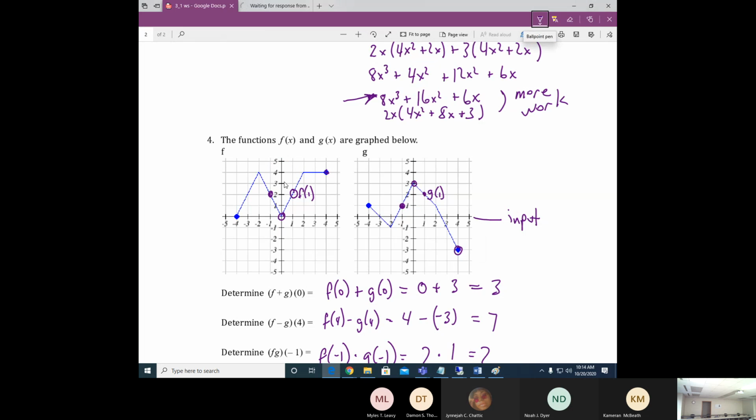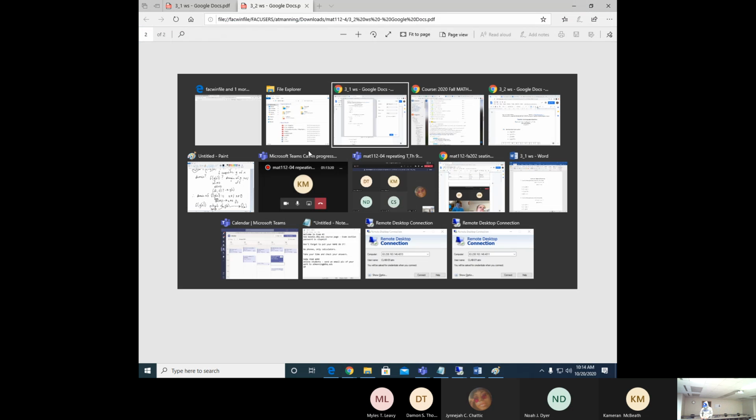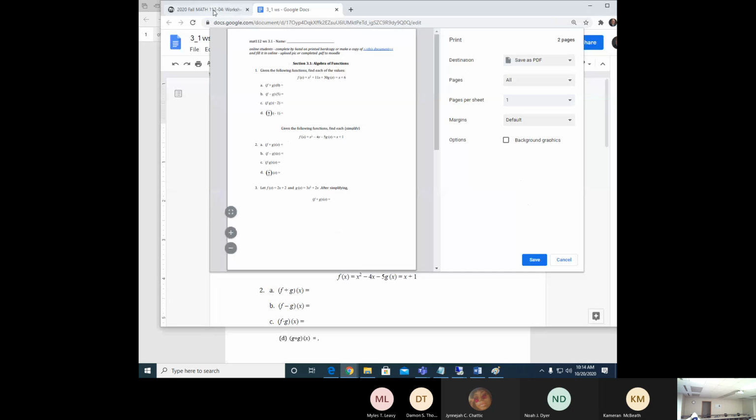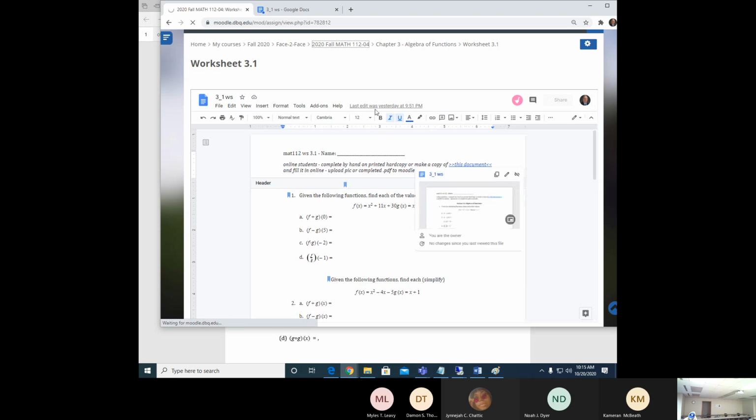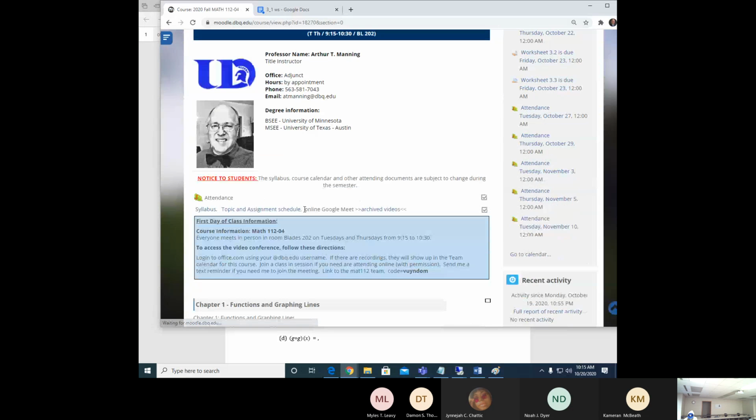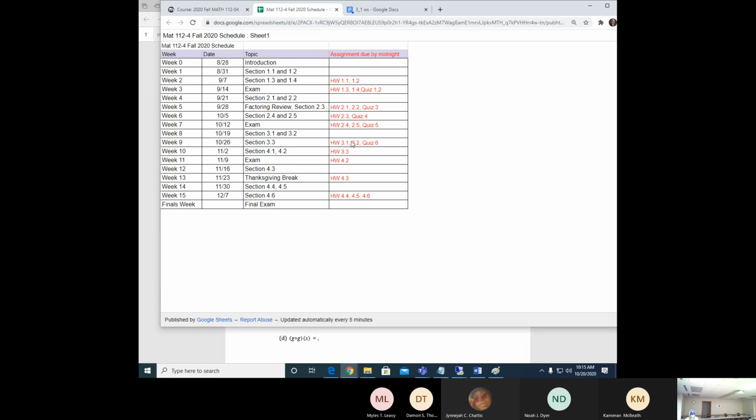Just to remind you, the plan for this week, back here at Moodle, is here in the assignment schedule, and I've tried to make sure the dates on things are coming out right in Moodle. The plan for this week is to finish sections 3.1 and 3.2 and have you work on quiz 6 for next week.